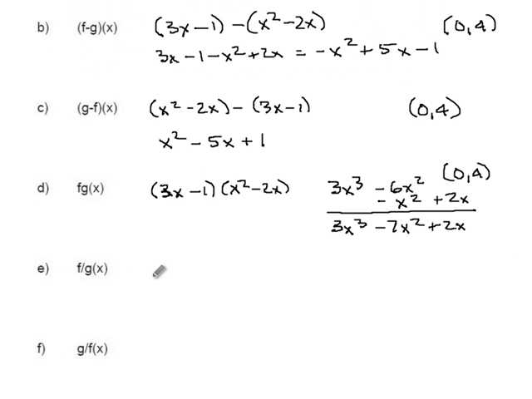They ask about division next, f over g of x. So 3x minus 1 over x squared minus 2x. That would be it for the quotient. Now for the domain, we'd start with 0 to 4, but there's one more thing to worry about here. Because this is a division, and they ask about domain, we have to worry about, could this ever be 0?